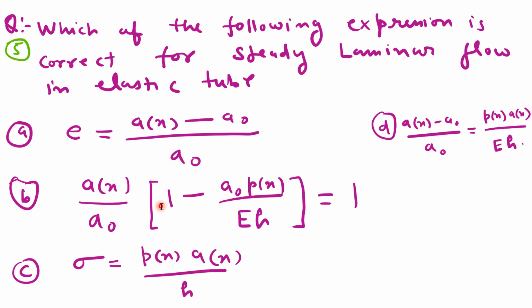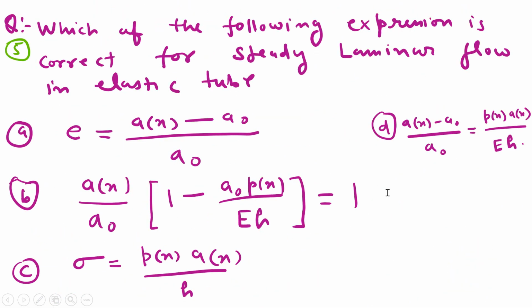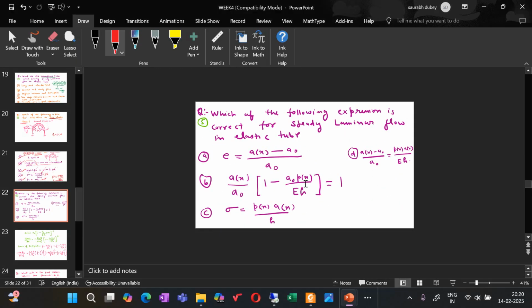So locally there will be change in the radius, right? It is not like the standard rigid wall Poiseuille flow that we used to solve, right? So because of that, there will be this AX, which is a function of the position, that comes into the picture. Okay, so let me just put it here.